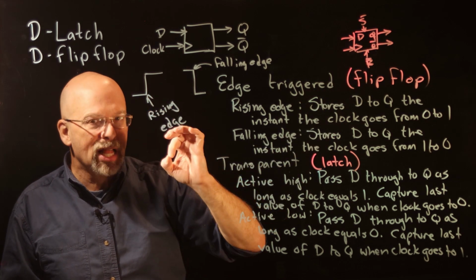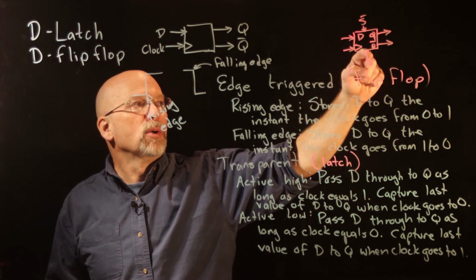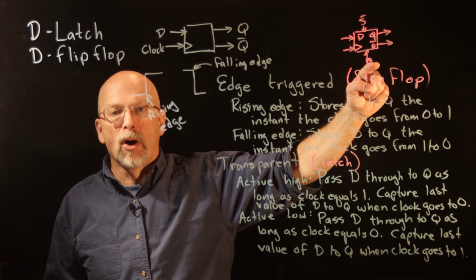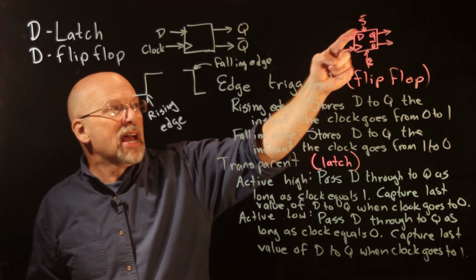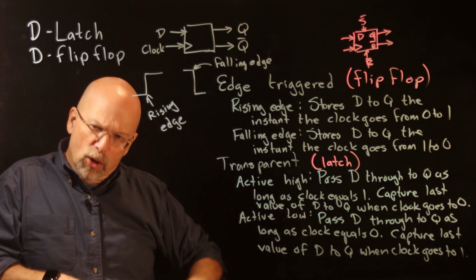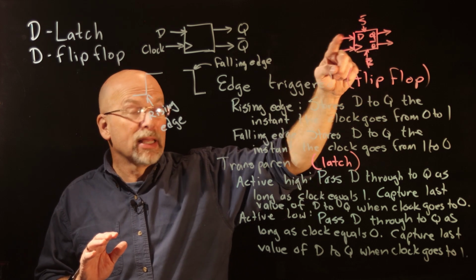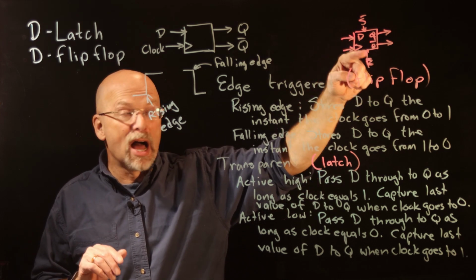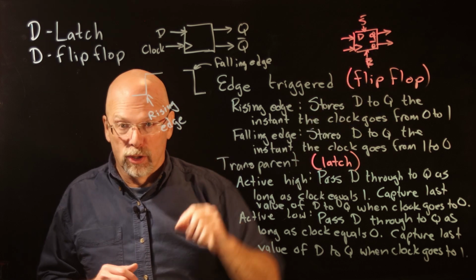Remember, we're initializing these just like we initialize our variables. So what I do is I make it so that the R bar is connected to the circuit board's reset signal and S bar is connected to a constant logic 1. When the system goes into reset, R bar takes precedence over D and the clock. R bar is going to go to 0. It's going to force a 0 on Q.